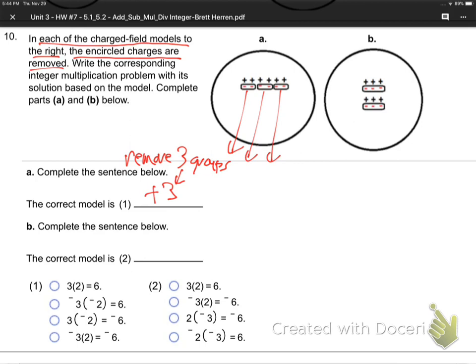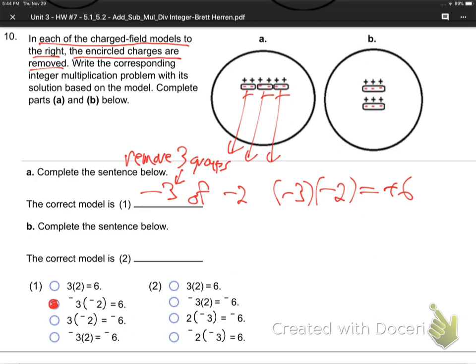Negative 3. If it was positive 3, we'd be putting in 3 groups. But the negative says take out, remove, take away 3 groups of negative 2, right? See, negative 2, negative 2, negative 2. So that shows negative 3 times negative 2 is positive 6, which is right there.